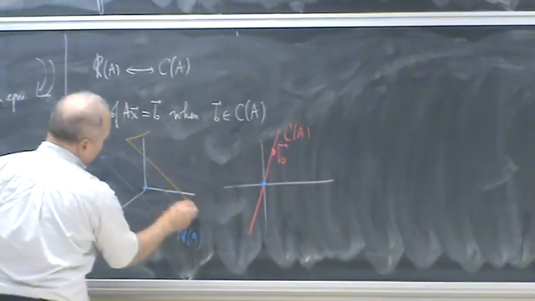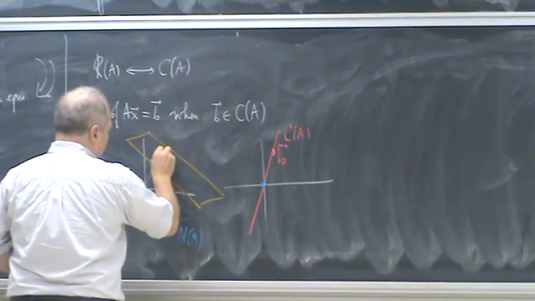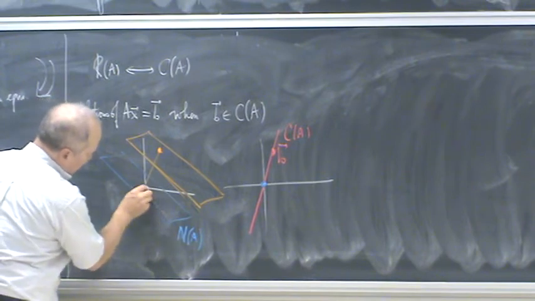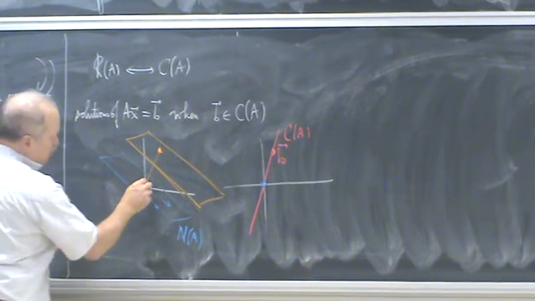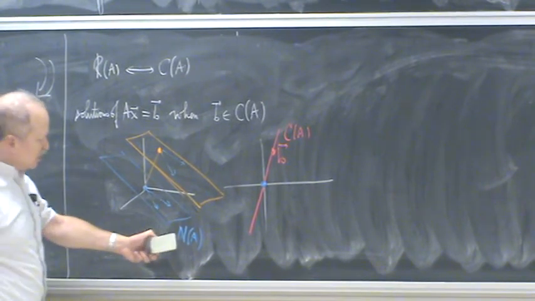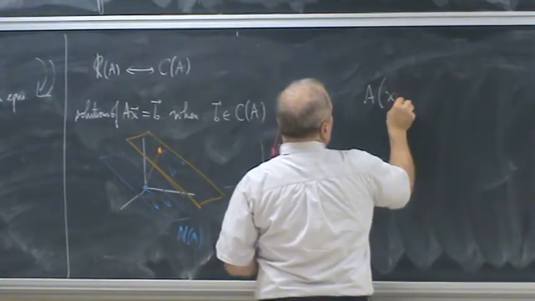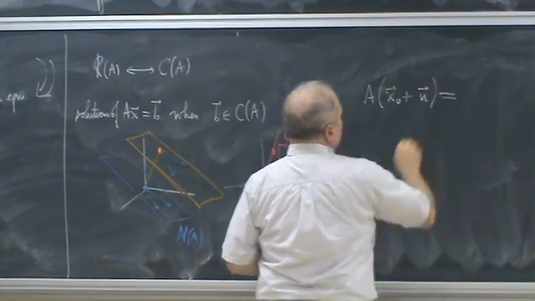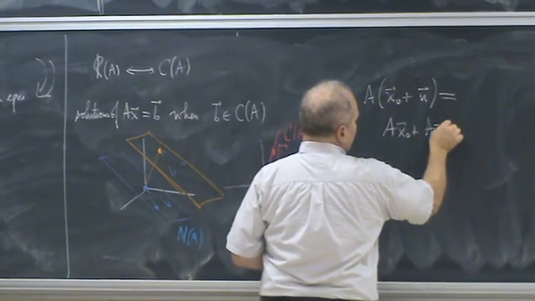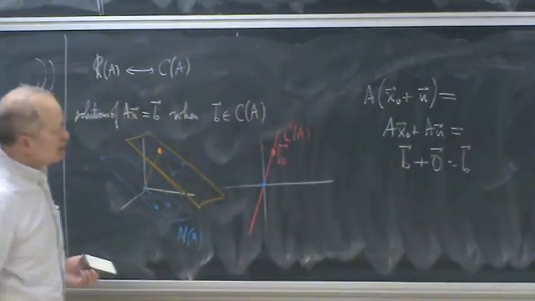So do you remember we talked about how you could take any solution of AX equals B and add all the solutions of the homogeneous equation to it, and you would get other solutions. You take any solution of AX equals B and you add a solution of the homogeneous, you get another solution of the inhomogeneous.